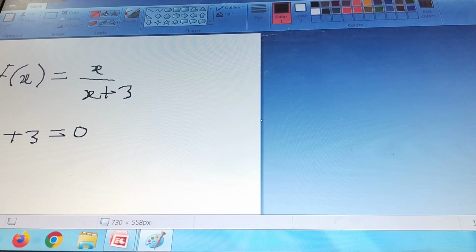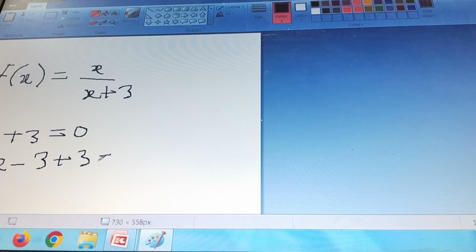Subtracting 3 from both sides, we get x is equal to minus 3.